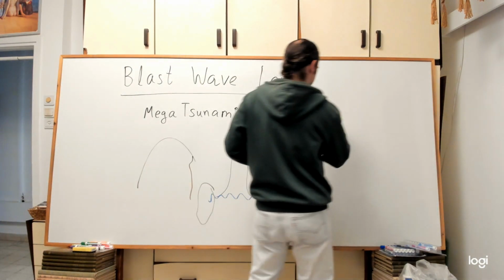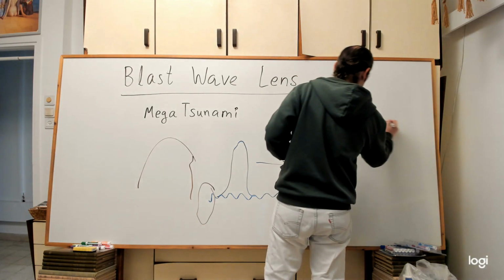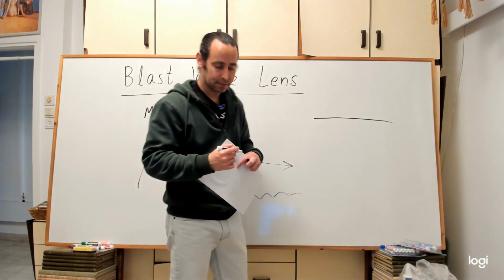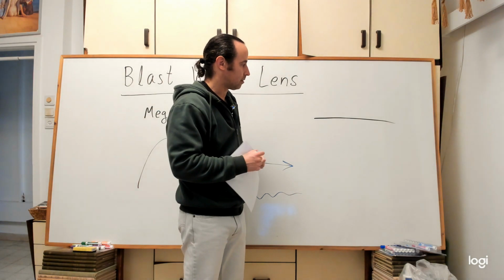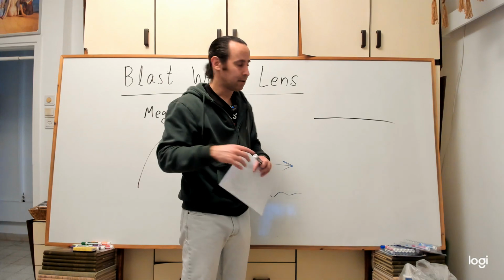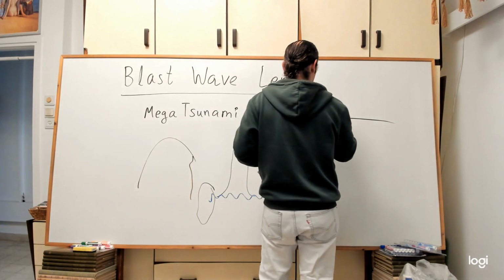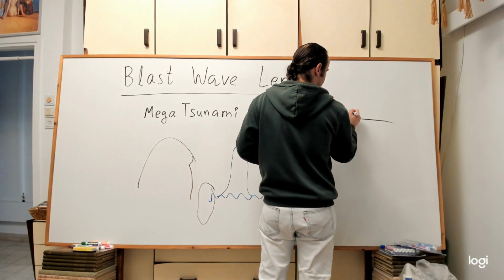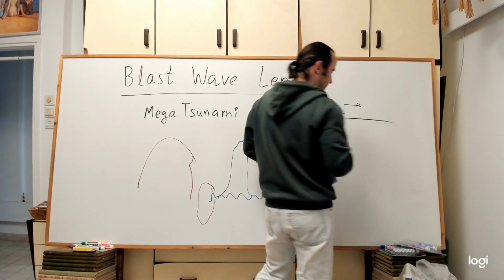Interference is basically if you have some string or something, and you pluck it, or you make a wave, then there is a wave going this way.